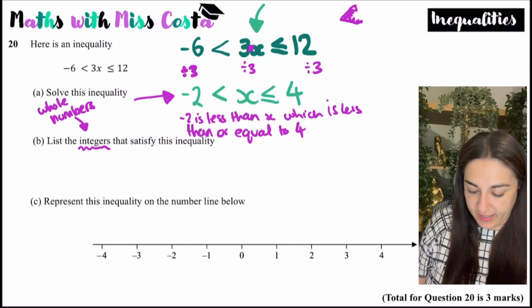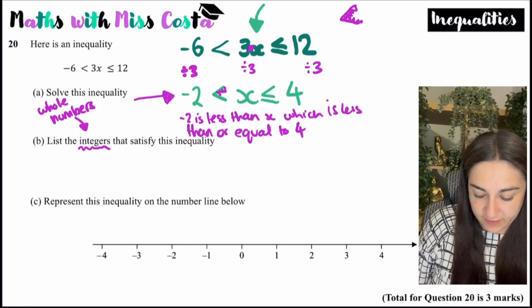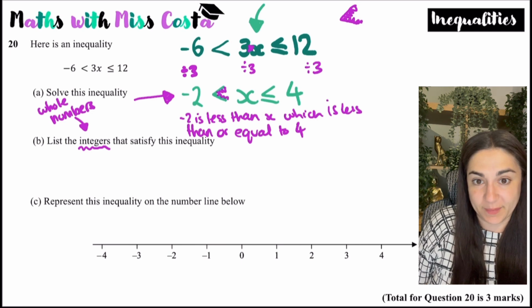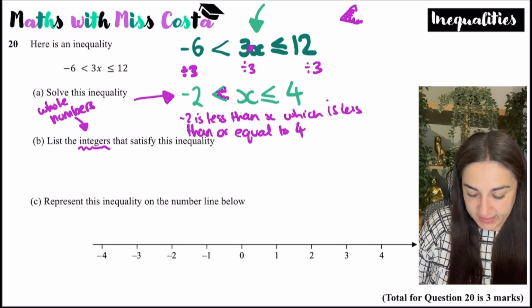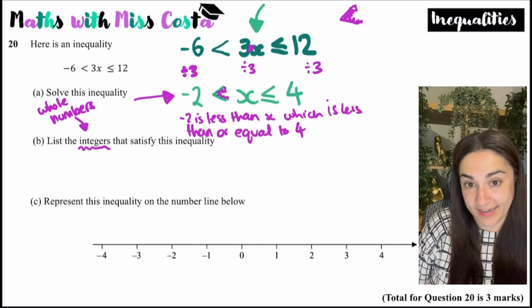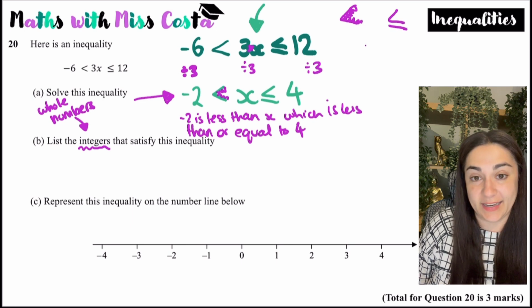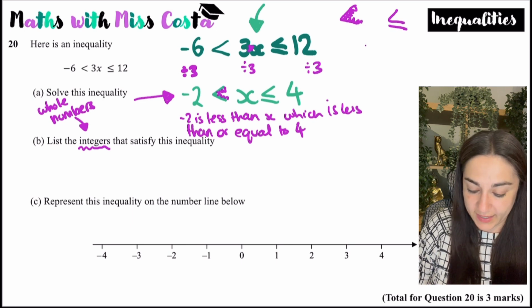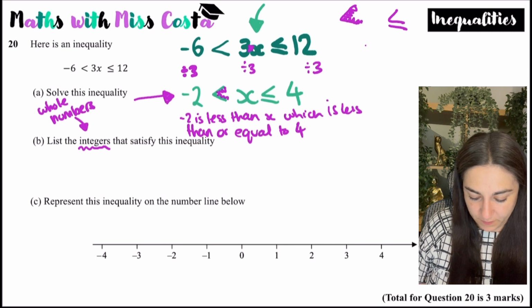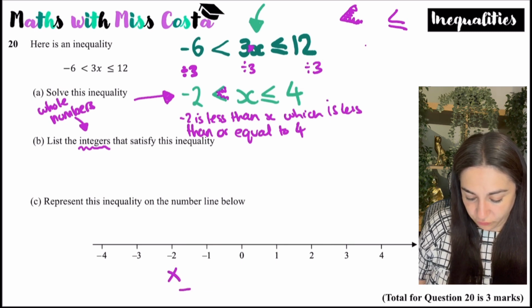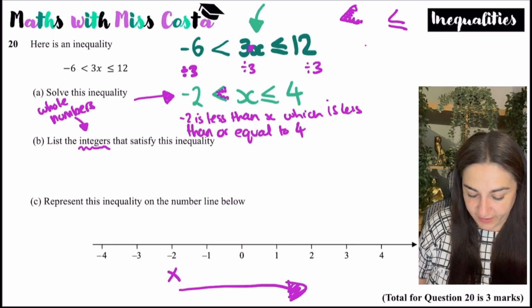So the crocodile teeth are facing the x, which means x is bigger than -2. So I know that x has to be greater than -2. If it has this sign underneath it, it means it could be equal to as well. It's not. So I know that -2, which is over here, it has to be greater than. So greater than is in this direction.